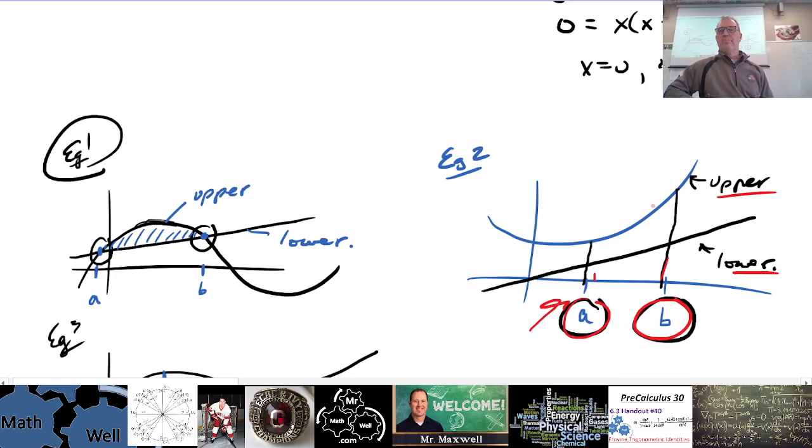You determine that. And if one graph is always above the other over that domain of a to b, then it's easy. Then you find the area underneath the upper graph, and then you find the area underneath the lower graph, and you subtract them.